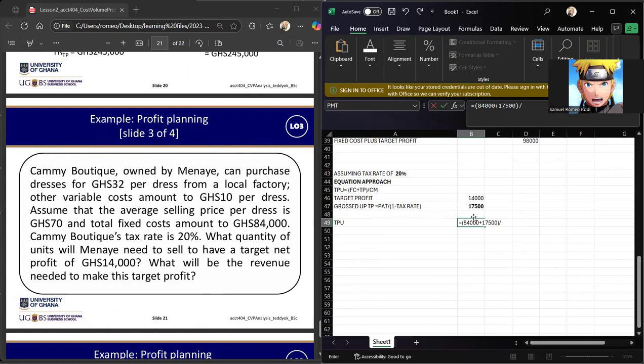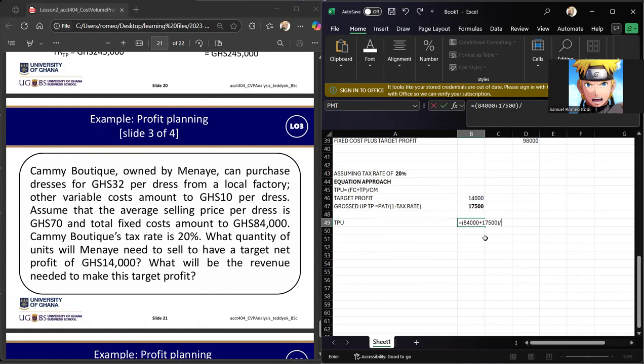Remember, always remember, I didn't use the 14,000, I used 17,500 because that's after I've taken the tax component out. The one given to us is assumed to include the tax component. We had to take it out. So after taking it out, that's what we had.